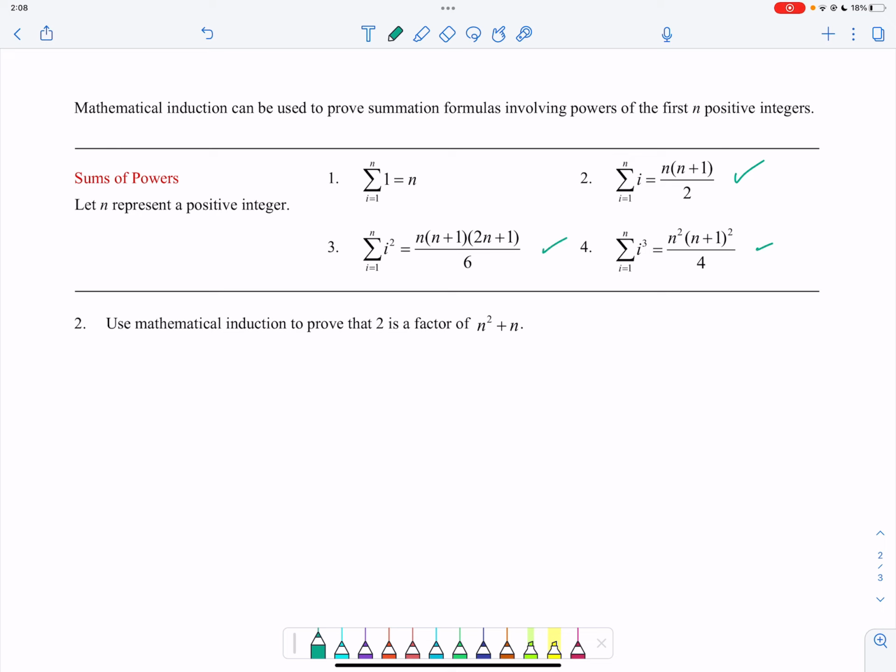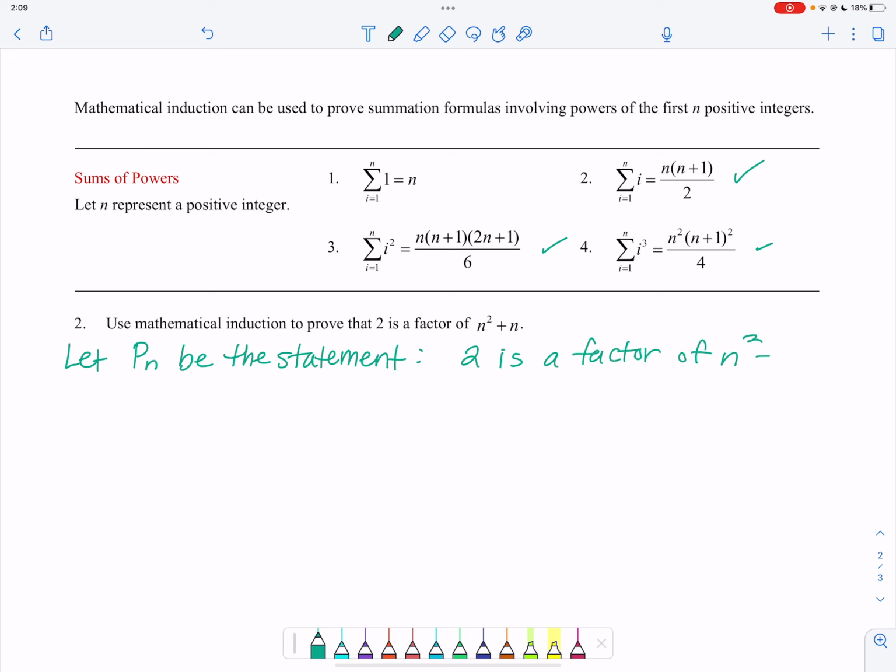So let's use mathematical induction in number 2 to prove that 2 is a factor of n squared plus n. So the first thing we're going to do is let P sub n be this statement. Two is a factor of n squared plus n.